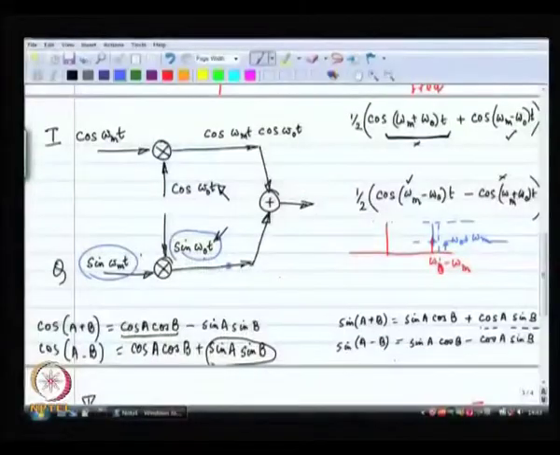Otherwise, the amplitudes of these two signals over here are going to be different, and if the amplitudes are different, then they do not exactly cancel each other, which means once again that you have done a bad job as far as the image cancellation goes, and you are going to get some image next to the desired signal, and you are going to transmit this also, right.